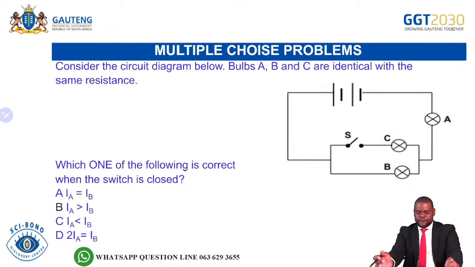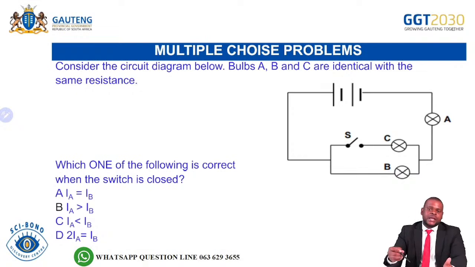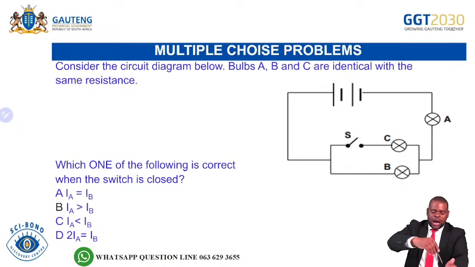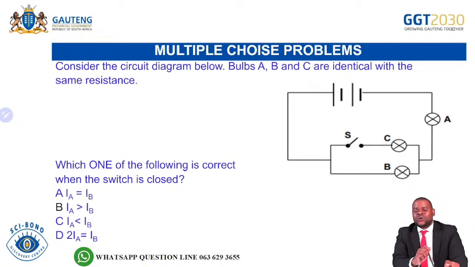We have our first example, and it is a multiple choice question. Grade 12, when we answer multiple choice questions, we don't close our eyes and make a circle around the letter and point, and whatever you point at is the correct answer.